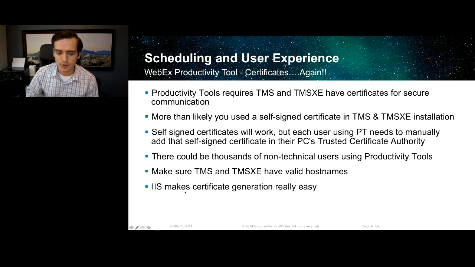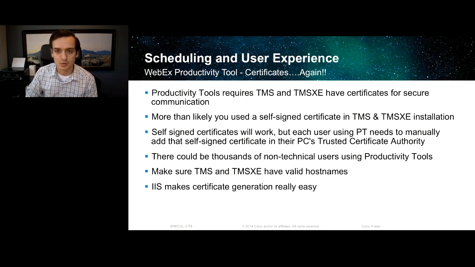And just to note that IIS, Internet Information Services, which runs TMS-XE and TMS, makes it dead simple to create certificates. It's not like the VCS certificate creation guide where we have to generate the CSR, send that off to a public CA, wait, download it to our computer, upload it to the VCS, put in intermediates and all that stuff.